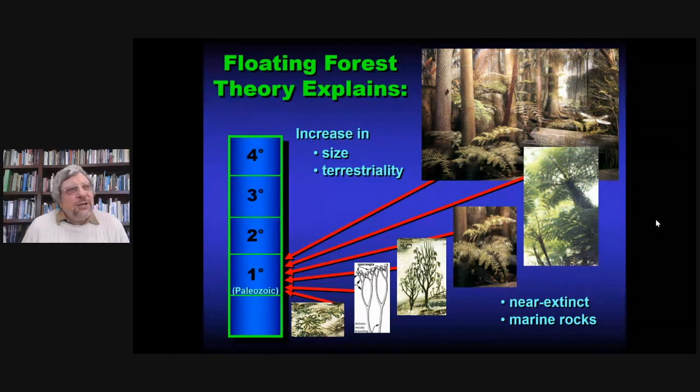Also, another observation is that all of the early plants, all of them, are found in marine sediments or sediments that are interpreted to be marine sediments. And I remember distinctly this being explained in paleobotany as plants living next to creeks or whatever, and the creeks carry the plant parts which float down to the ocean, and they get buried and preserved there in the ocean.